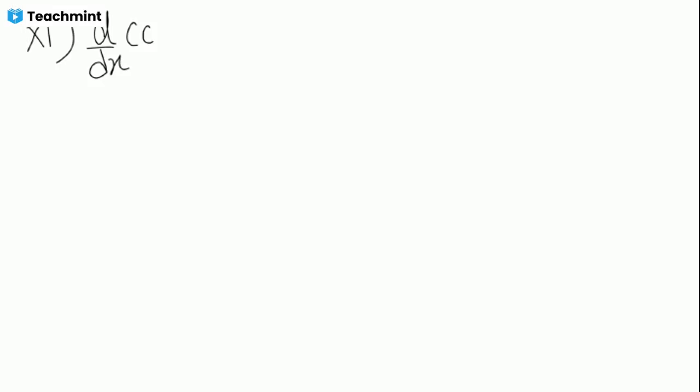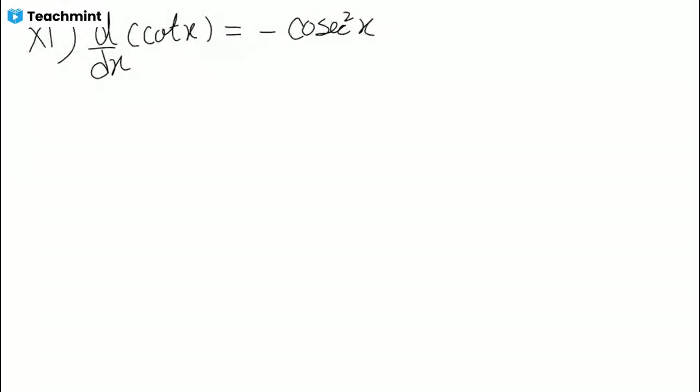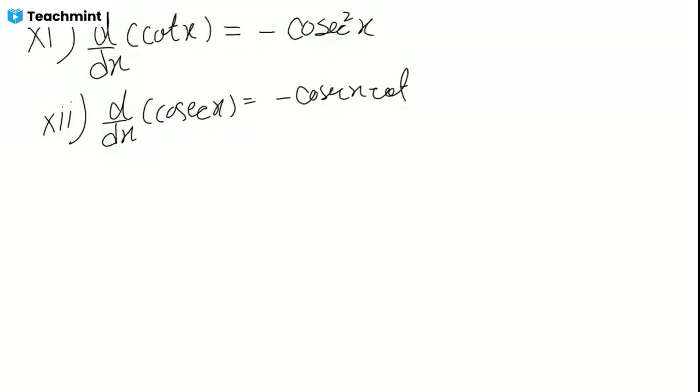Differentiation of cot x is equal to minus cosec square x, and differentiation of cosec x is minus cosec x into cot x. And we have one more formula here for inverse trigonometrical functions; if you have it in your syllabus, we'll do it later.